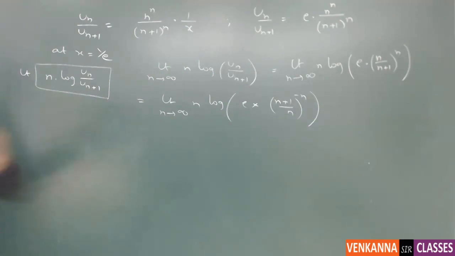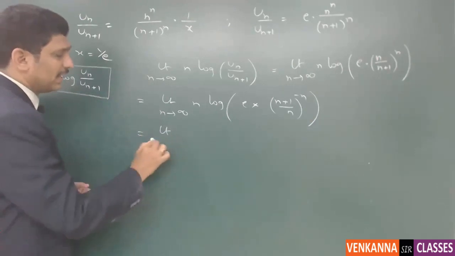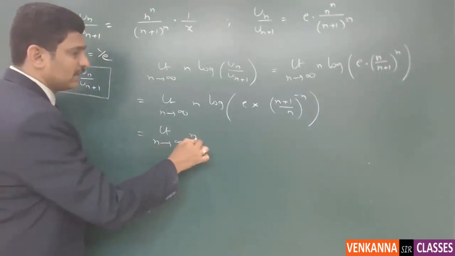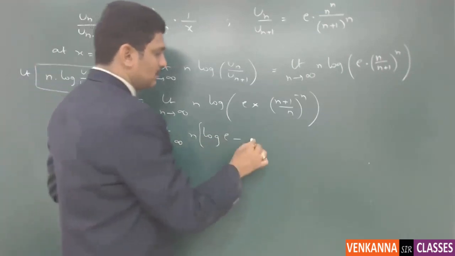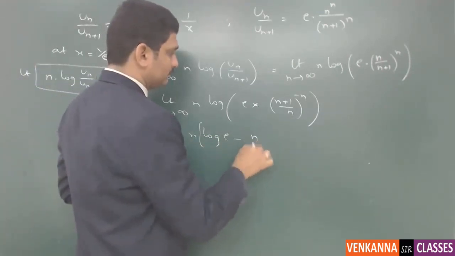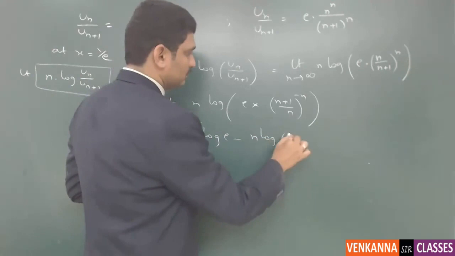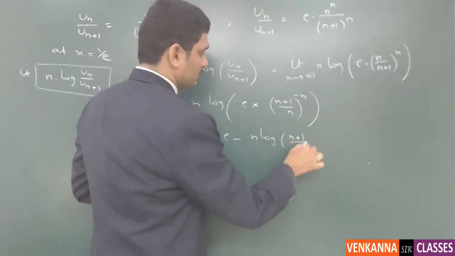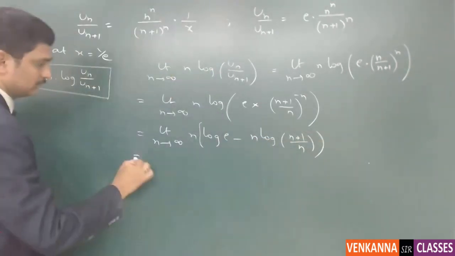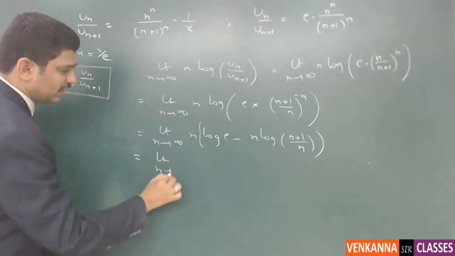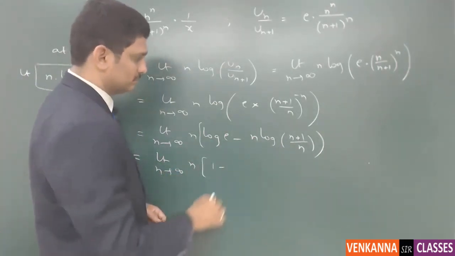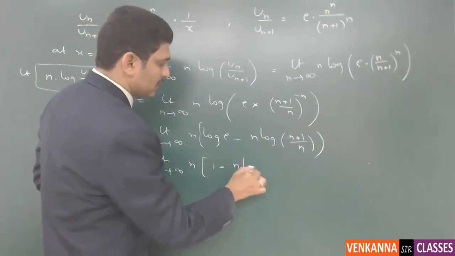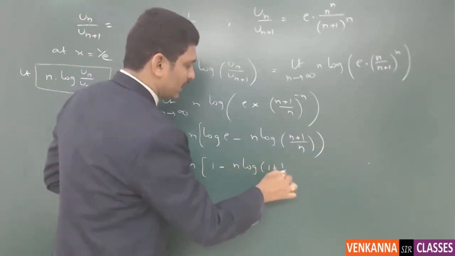It is of the form log of AB. So we are going to apply that: limit n tends to infinity n into, so log e minus, so limit n tends to infinity n into 1 minus n into log of 1 plus 1 by n.